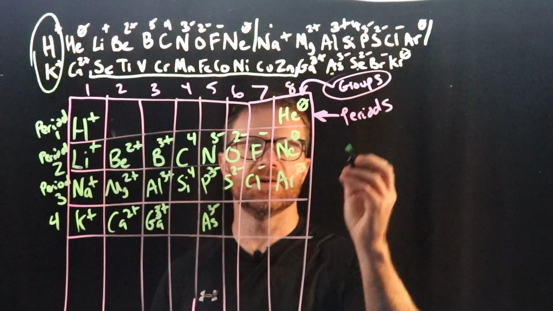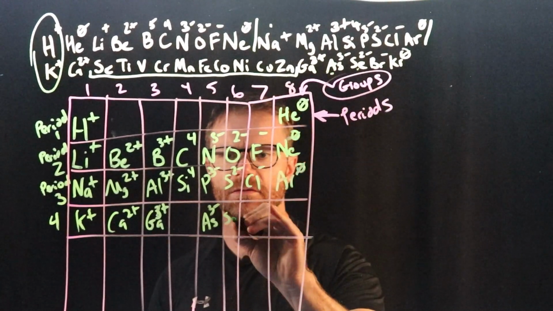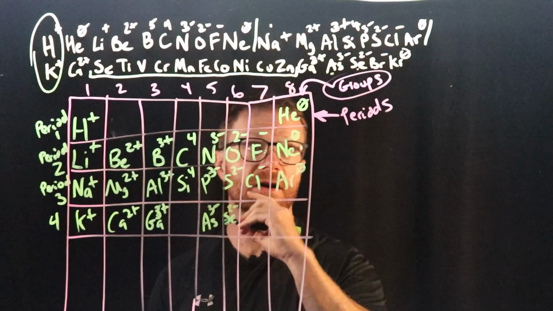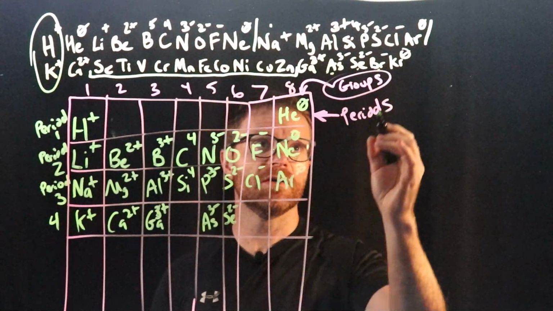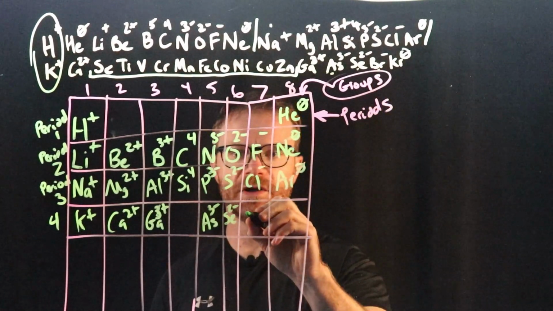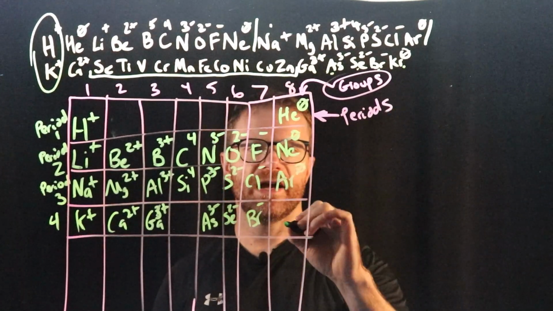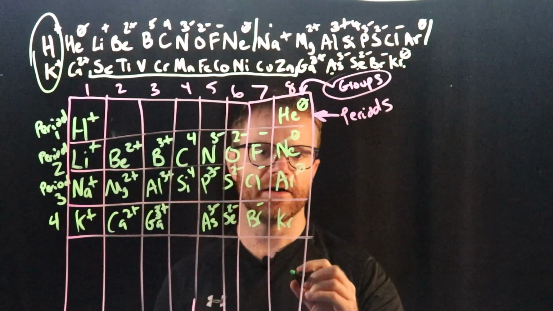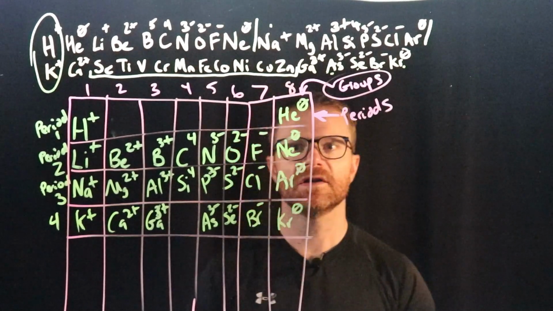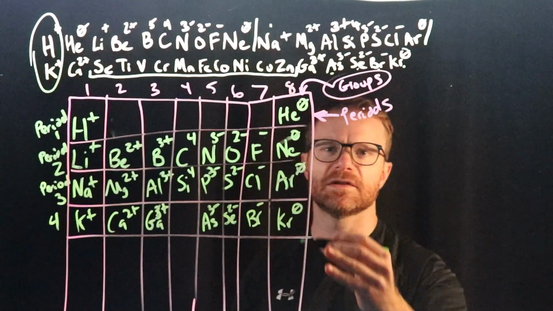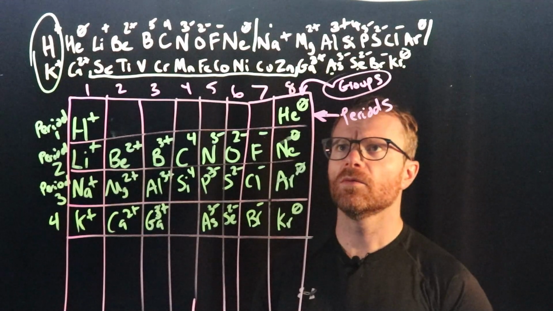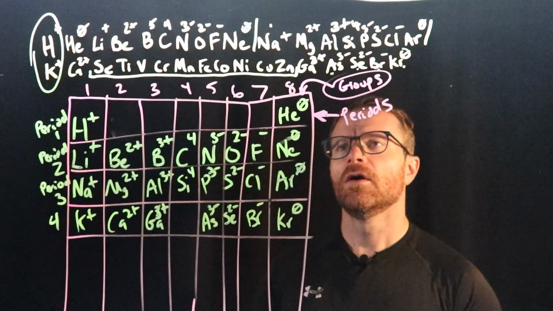And then selenium, which also has a charge of -2, should go under oxygen. And then bromine, which has a charge of -1, should go with fluorine and chlorine. And then krypton, which has no ionic charge at all, which is stable all by itself, should go with all these other guys here. So that's weird.